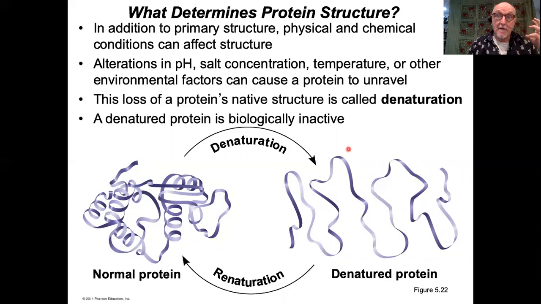And the proteins can be radically changed if we change pH, the acidity or alkalinity of the environment, if we change the salt concentration, if we change the temperature. All of these things will affect protein shape.